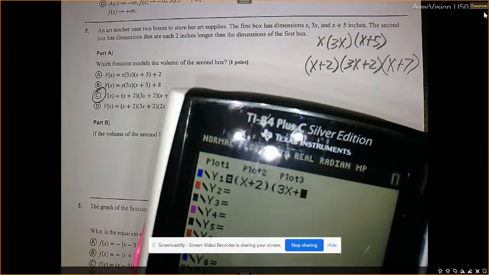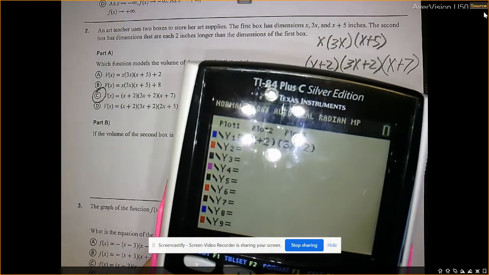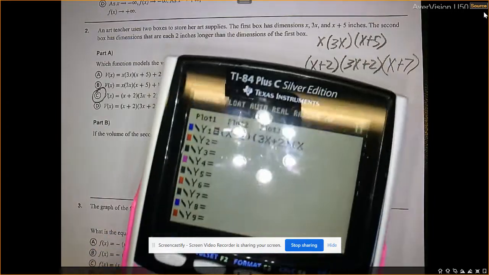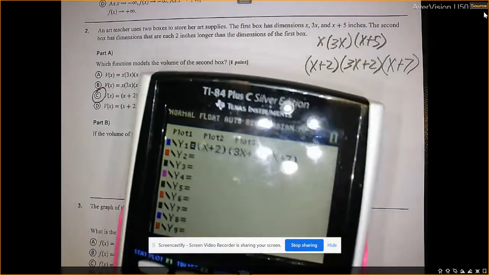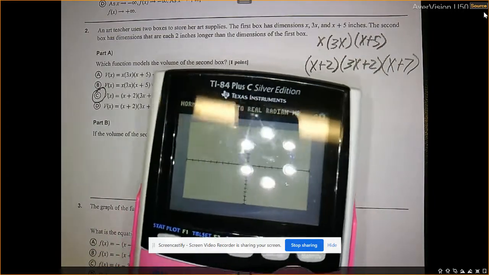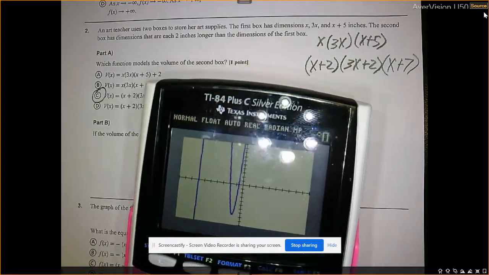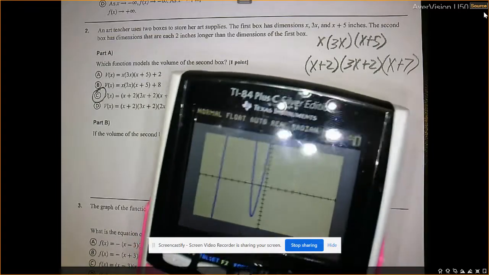I'm going to graph it. It's just going to look like a lot of lines right now because a lot is going on.